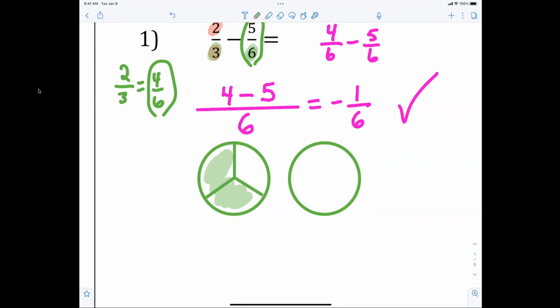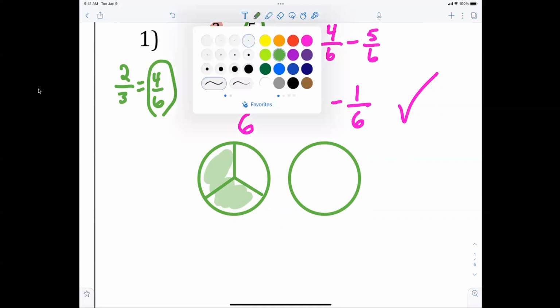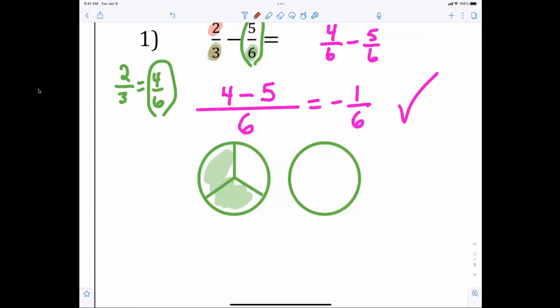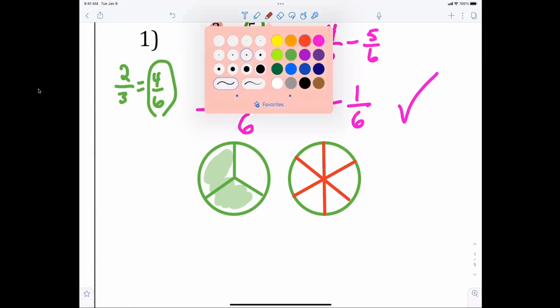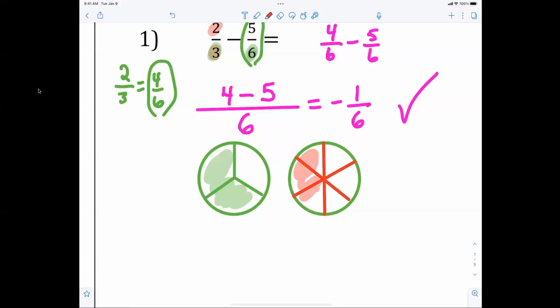Now, the next one I'm going to do is, come on, keep paying attention. You'll understand numbers better if you do. What am I making now, guys? 6. I'm making 6ths. All right. So this time I'm going to bubble in 5/6.